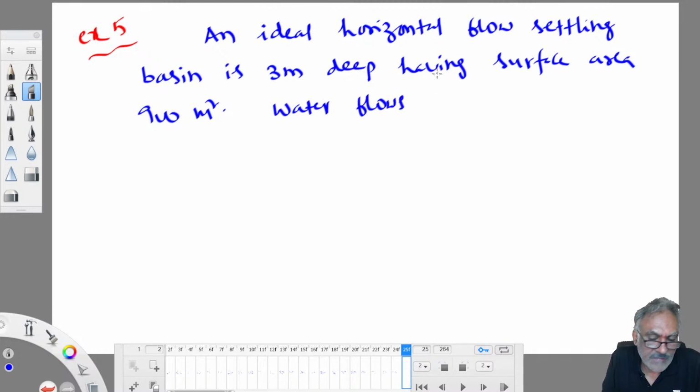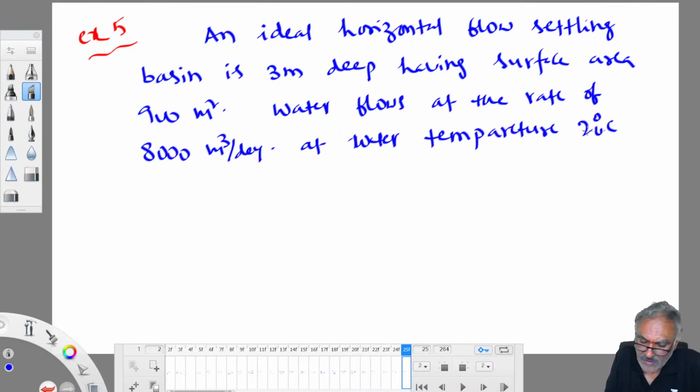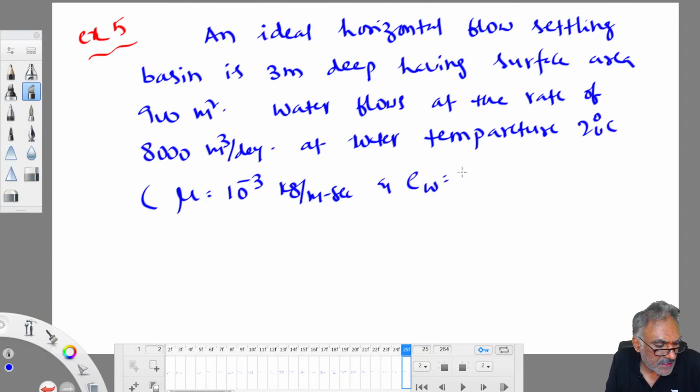Water flows, this question has been asked in GATE 2003, at the rate of 8,000 meter cube per day at water temperature 20 degrees Celsius. In brackets he has given dynamic viscosity at 20 degrees Celsius. Dynamic viscosity and density. Density of water is given as 1000 kilogram per meter cube.